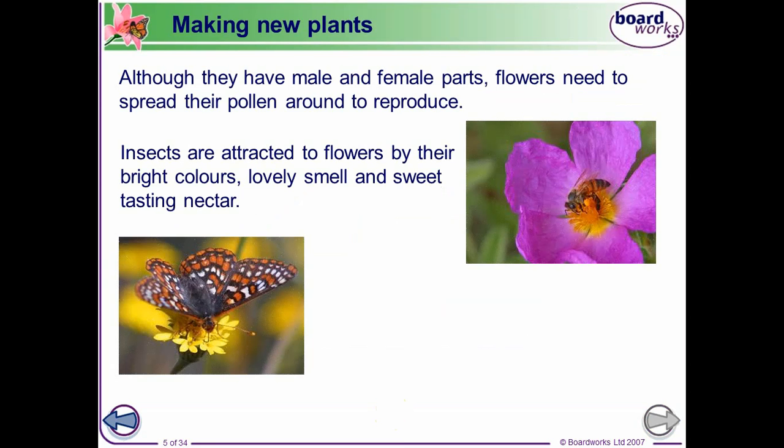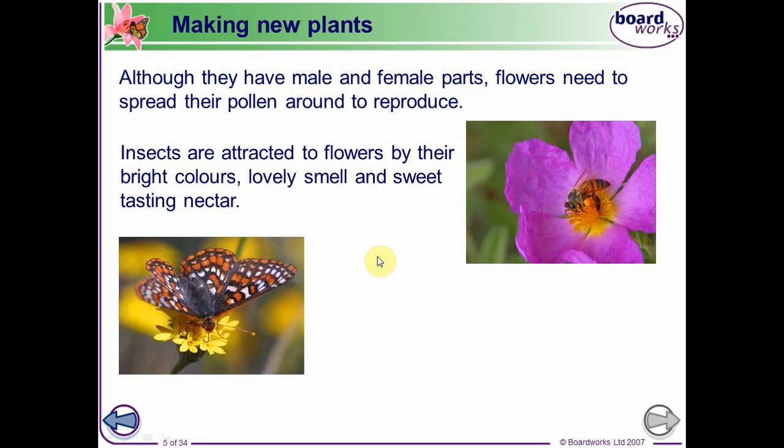Okay. Grade 8, we have something called pollination. Pollination is the transferring of pollen grains from the male flower to the female flower. Listen again. Pollination is the transferring of pollen grains from the male part or male flower to the female part or female flower.